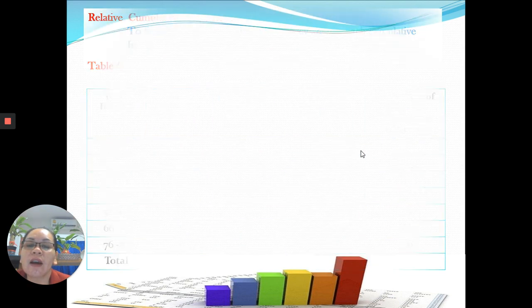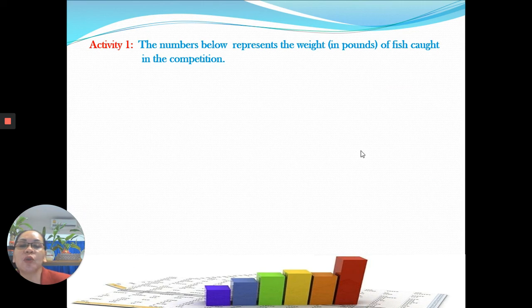Then let's have some activity for you to do. Activity 1. The numbers below represent the weight in pounds of fish caught in the competition.